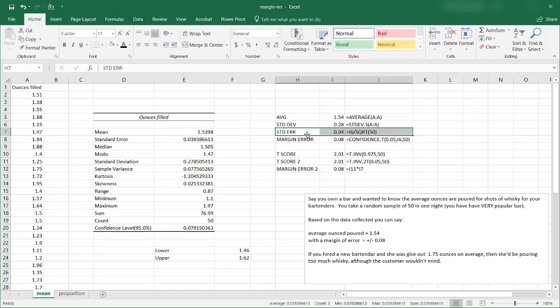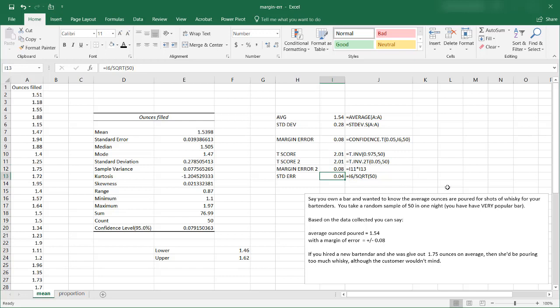I should probably bring this particular formula down here because it more or less applies in this section. To get your margin of error, you need to get the t-score from here and multiply it by the standard error. So that's how we can do it for a mean.